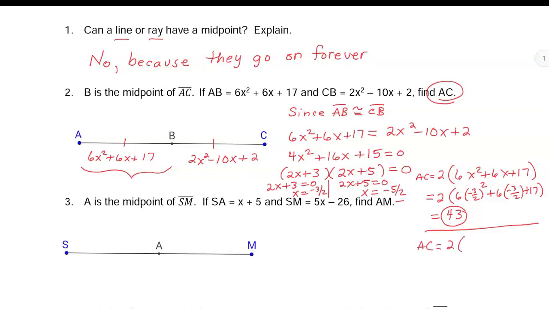AC is 2 times 6 times negative 5 halves squared plus 6 times negative 5 halves plus 17. And using the graphing calculator, I would get 79 as the length of the segment. So there's two possible answers for this question.